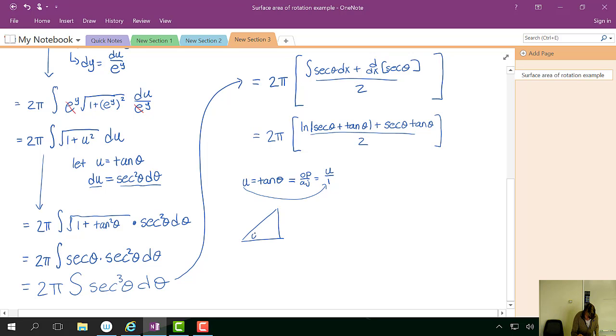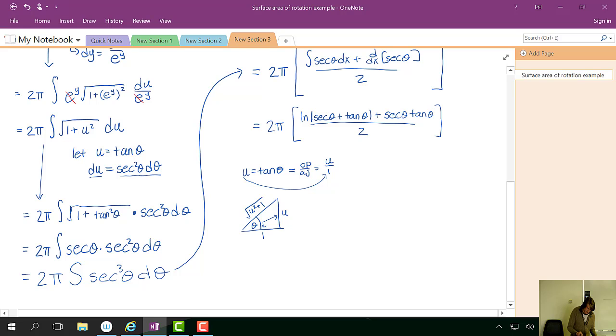So, opposite, adjacent by Pythagoreans, that would have to be that. Is everyone familiar with this method for resolving trig integrals? Okay, cool.